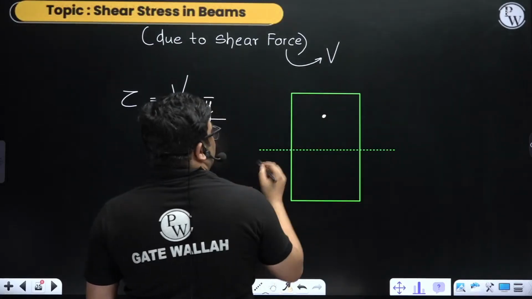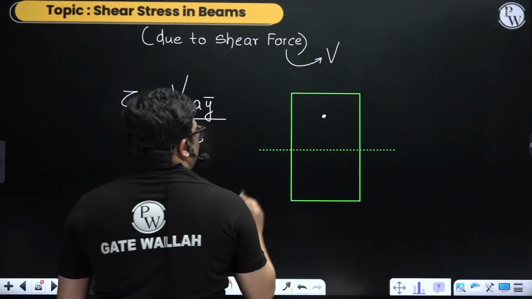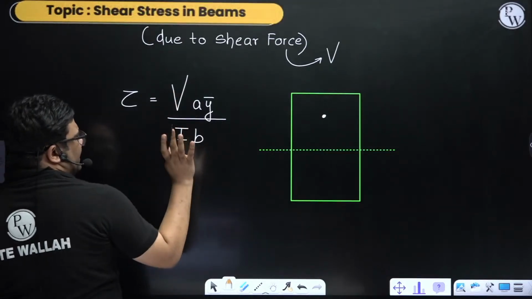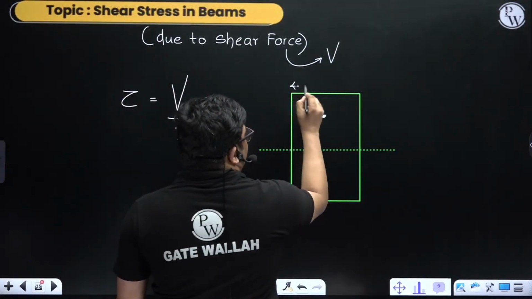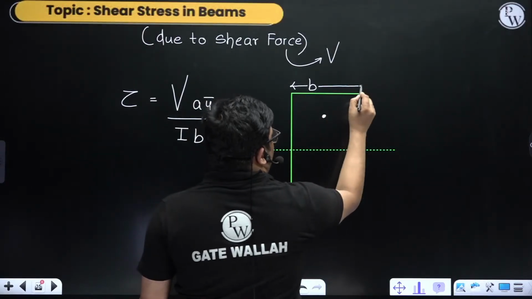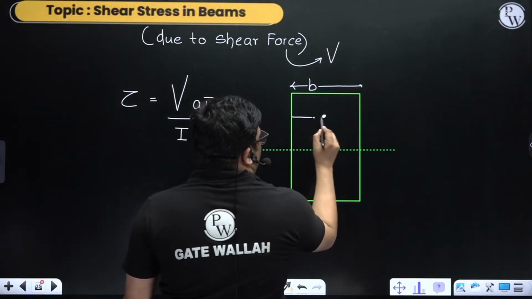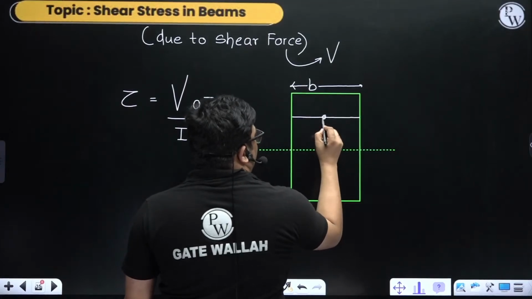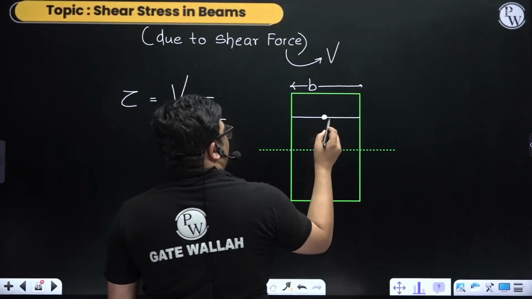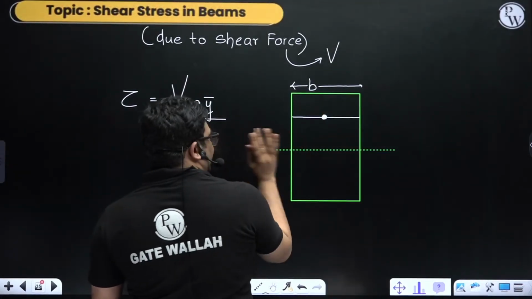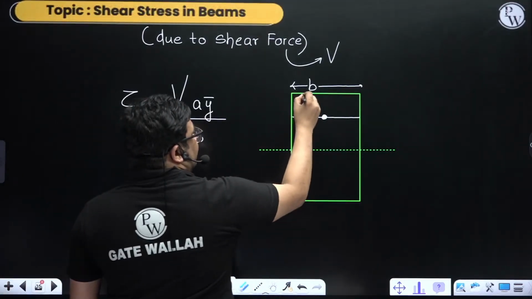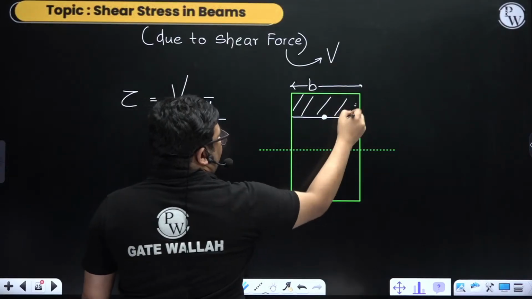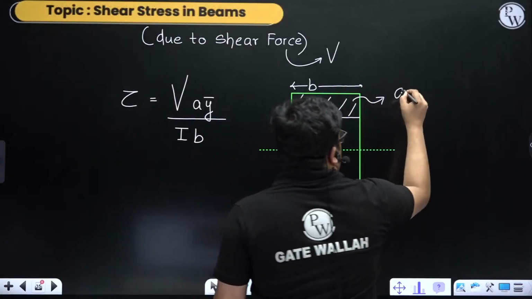V is the shear force, I is the moment of inertia, so V and I are clear. b is the width of the section, which is anyhow constant in a rectangle. If I want to find the shear stress at this level, it is b only. Now what is A? A is this area.